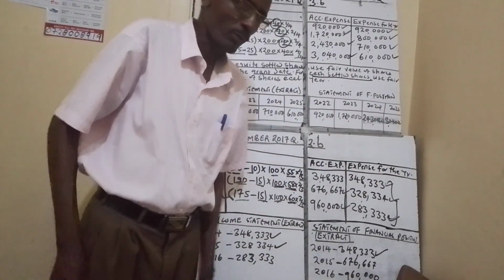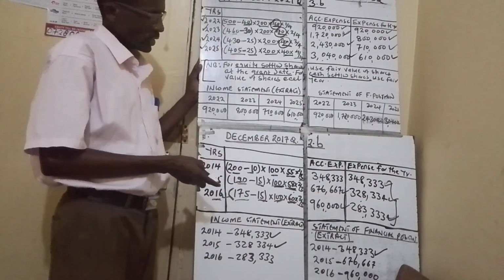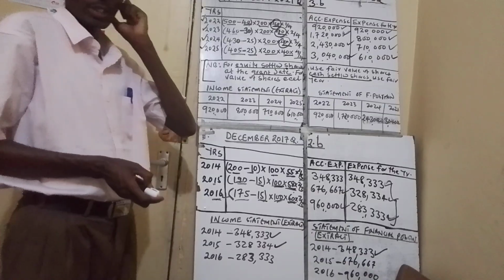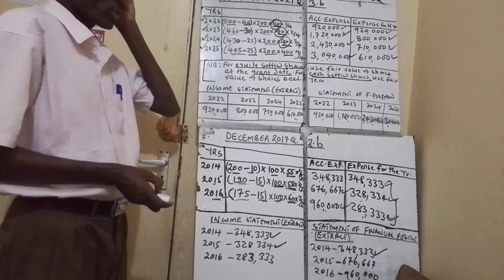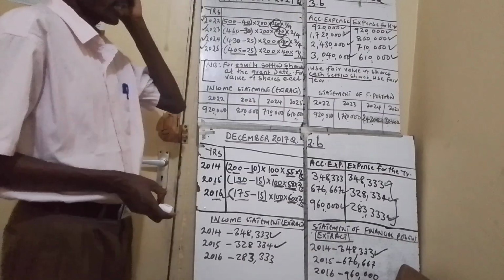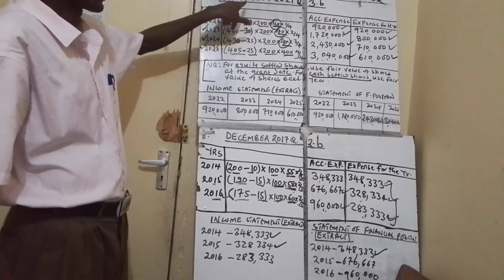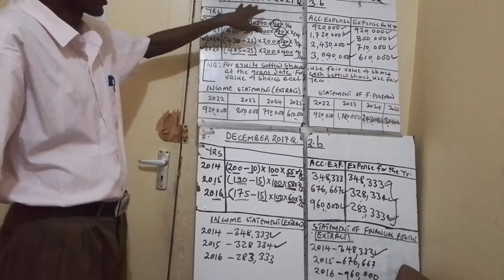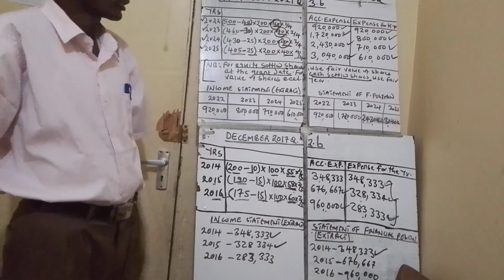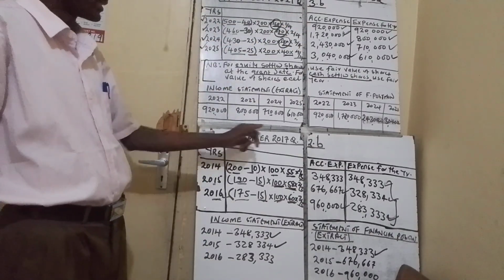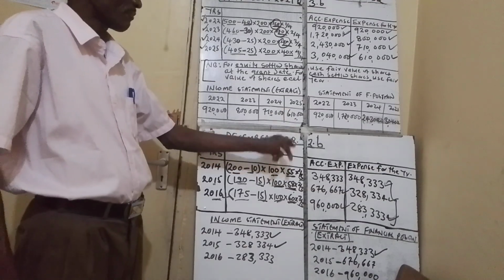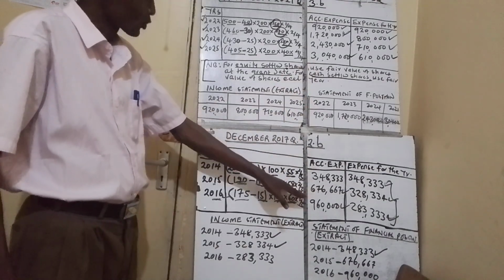So quite simple. If you want to understand the difference between equity settled shares and cash settled, just look at this question which you have done: September 2021, question 3B, Advanced Financial Reporting, and December 2017, question 2B.